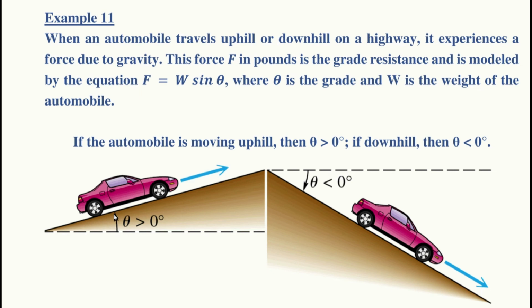So notice here we have theta as the grade, and it's a positive angle when you're going uphill, and the grade will be considered to be this negative angle when you're going downhill. And let's see if we can answer some questions now based on this force.